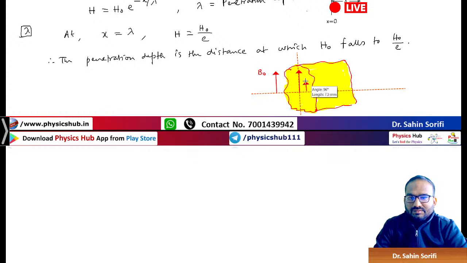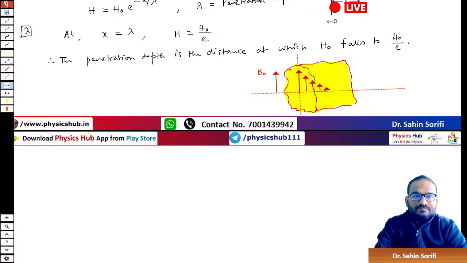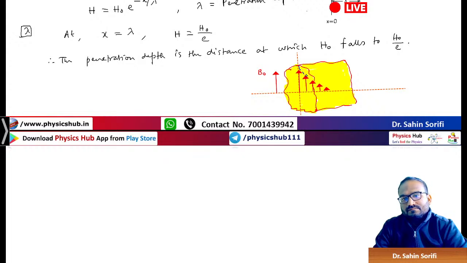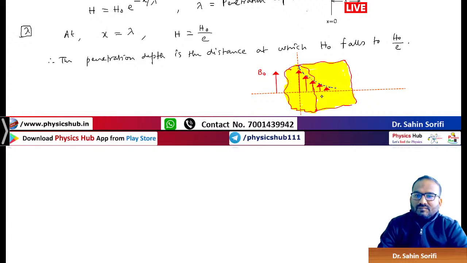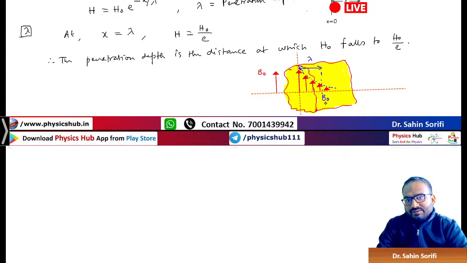Now, while entering, it will fall exponentially inside the material. And let's say at a distance of lambda, it will become B naught by e.